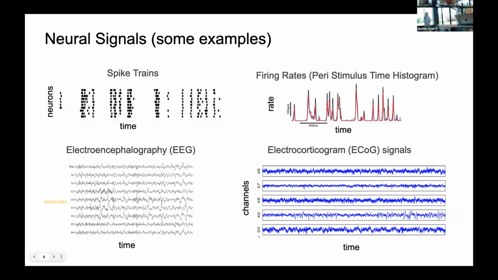If we have electrodes placed on the surface of our brain, then we can have the ECoG signal. And if the electrode is outside of the skull, we can get the EEG signal. All of these signals need different algorithms that are tailored specifically to accommodate their unique characteristics.